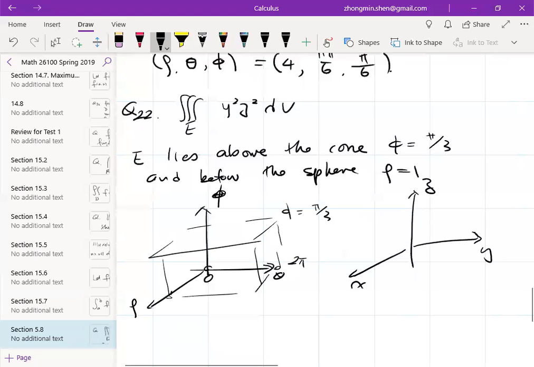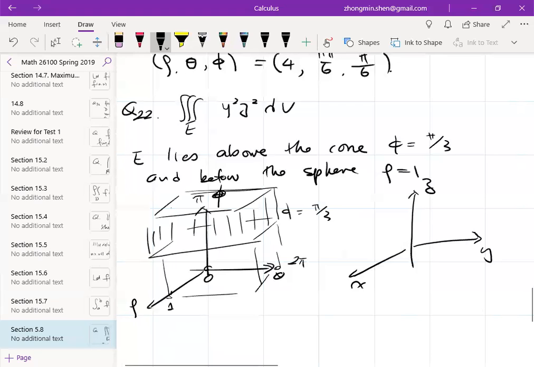Below the sphere means rho is less than 1, so rho is between 0 and 1. And phi is above. Phi is between 0 and pi originally, so above means I'm talking about this piece, not the one at the bottom. So this is the piece we are talking about.